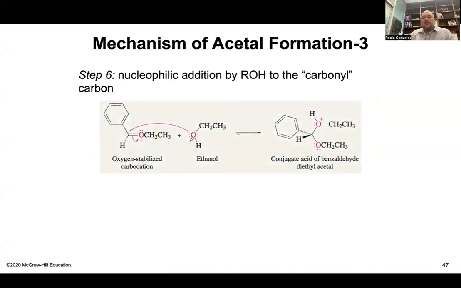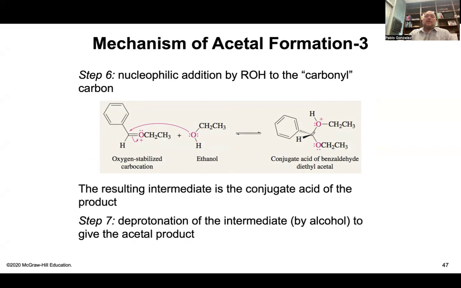So here we have the molecule of alcohol attacking the carbocation and producing here the acetal. We're going to remove this hydrogen in the next step, but here we have the two ethoxy groups attached to this carbon, the conjugate acid of benzaldehyde diethyl acetal. The resulting species is the conjugate acid. The deprotonation is basically the last step, by alcohol, to give the acetal product.